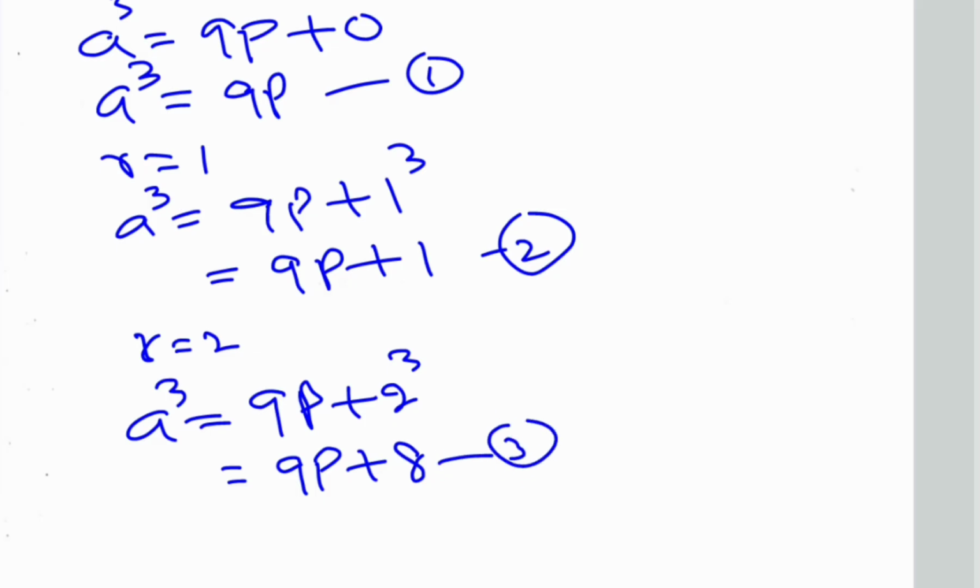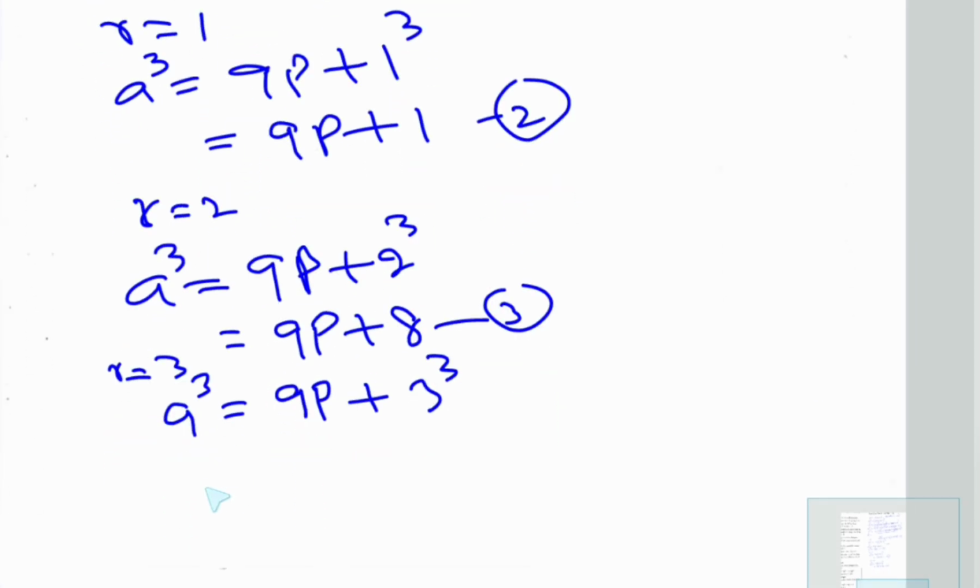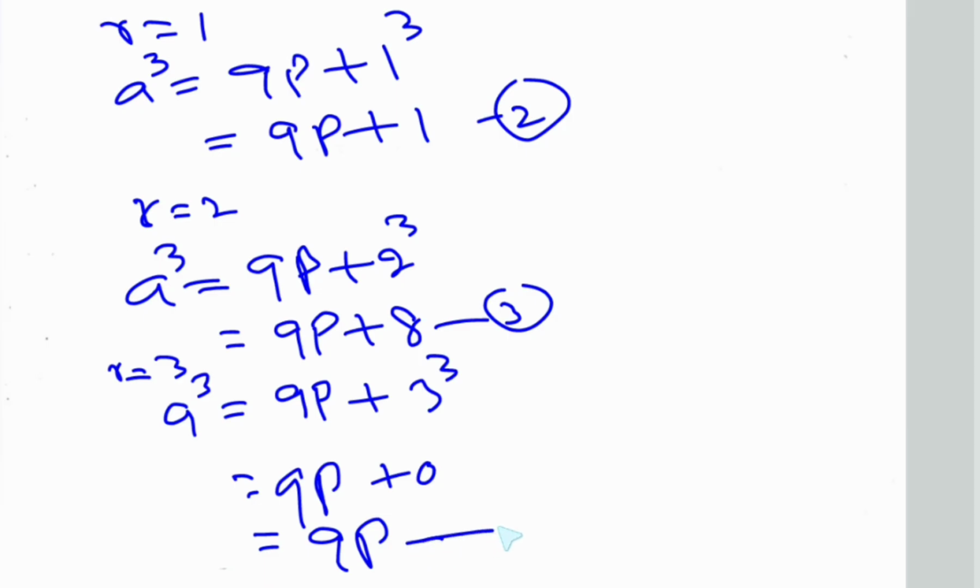If you substitute r equal to 3, then a cube is equal to 9p plus 3 cube, and 27 is a multiple of 9, so it is 0. Then this equals 9p. This is number 4.